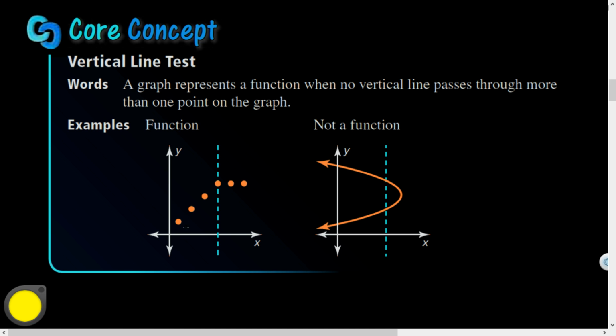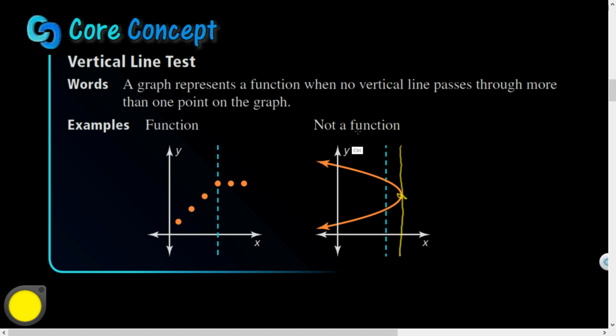Vertical line test: with all of these points, a vertical line would only hit 1 point at a time. So this is a function. This is not a function, however. Notice over here, I draw a vertical line. It hits no points. That passes the vertical line test for that one line. If I draw this vertical line, it hits exactly 1 point. We're fine with that.